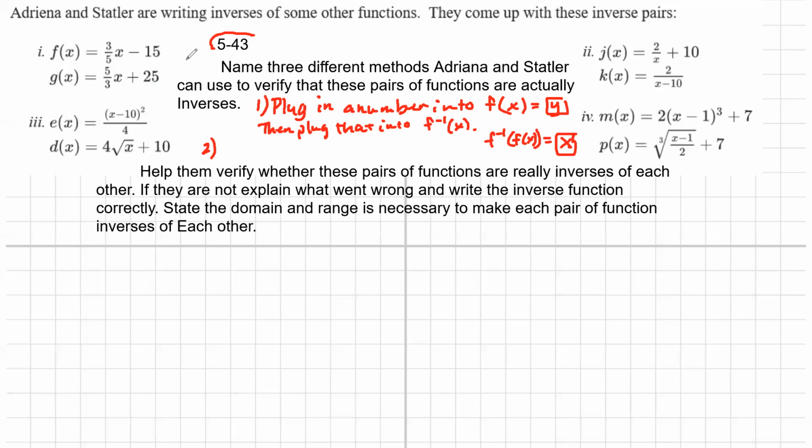Okay, so I gotta move this bar out of the way. To test if these are inverses of one another, let's plug in 5. I'm just going to plug in a number. f of 5 is equal to 3/5 times 5. I picked 5 because it's a fifth, so 5 would be easy to multiply by this. These 5s would cancel out, and I just get 3 minus 15, which would be -8.